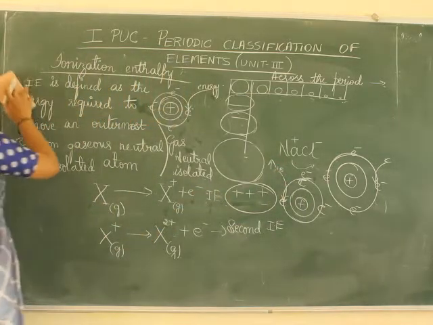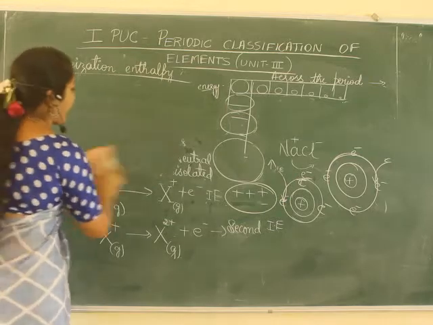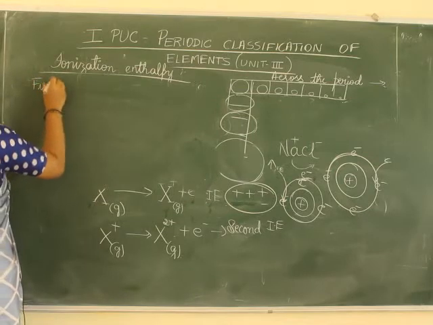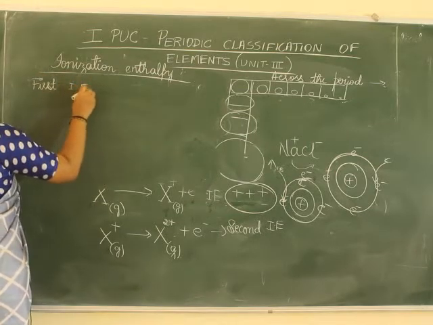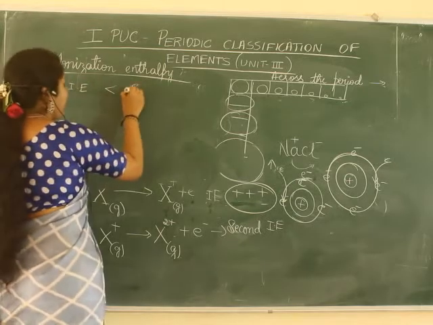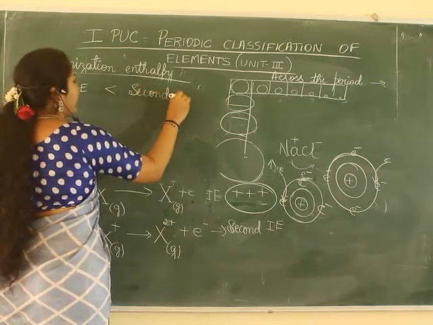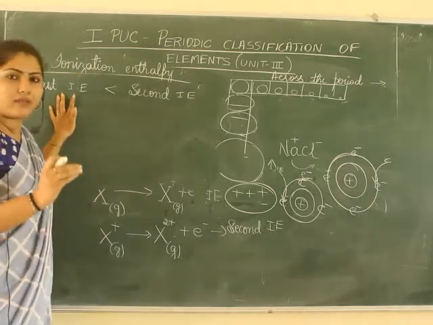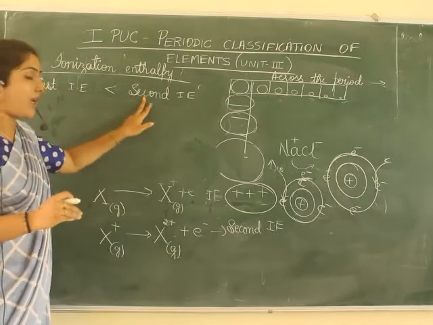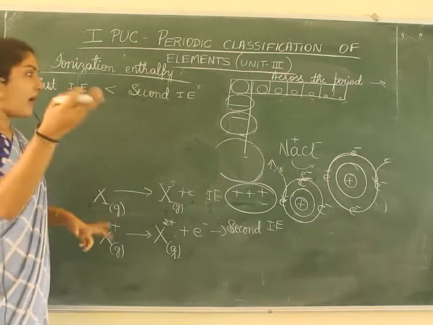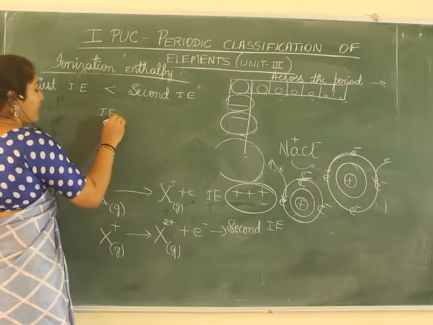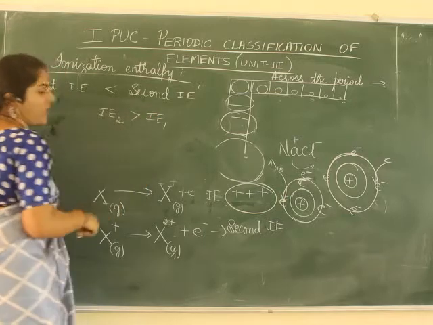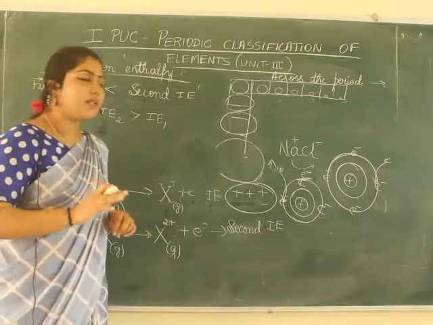We say that the first ionization energy is less than the second ionization energy. That means to remove one electron you require a good amount of energy, but the second ionization energy will be very high. Otherwise, you can write it this way also: second ionization energy is very high compared to first ionization energy. Got it? Got the point now?